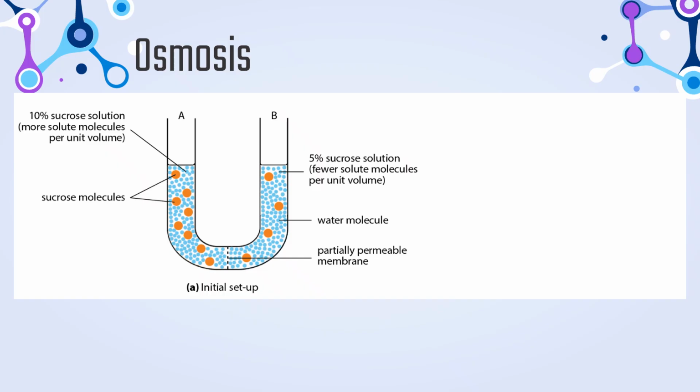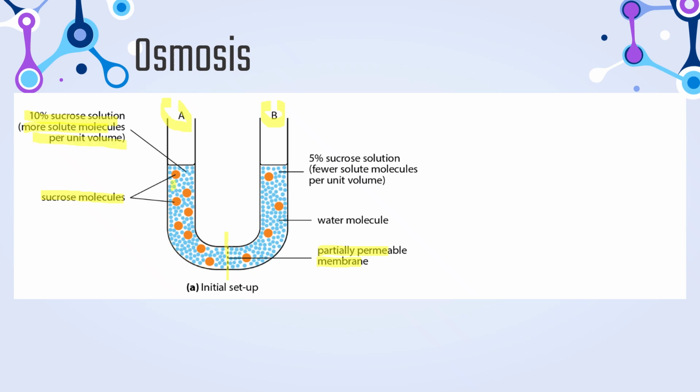I have region A and region B, separated by a partially permeable membrane. In region A, you can see the ones in orange are sucrose molecules, which is a type of carbohydrate, and the rest in blue is water.